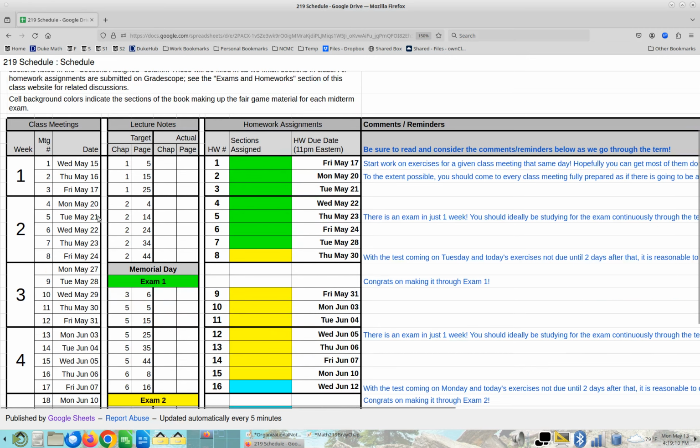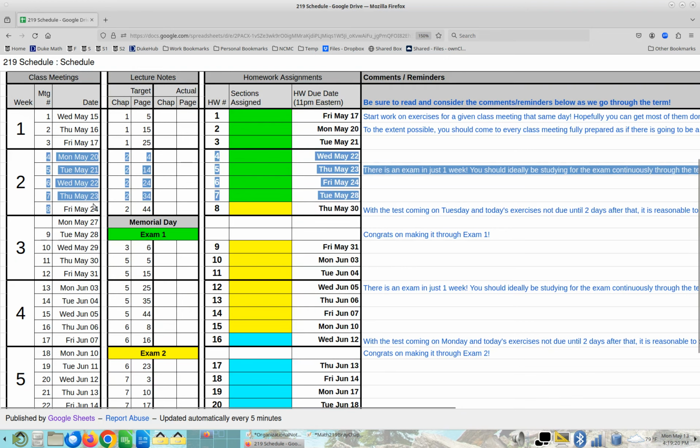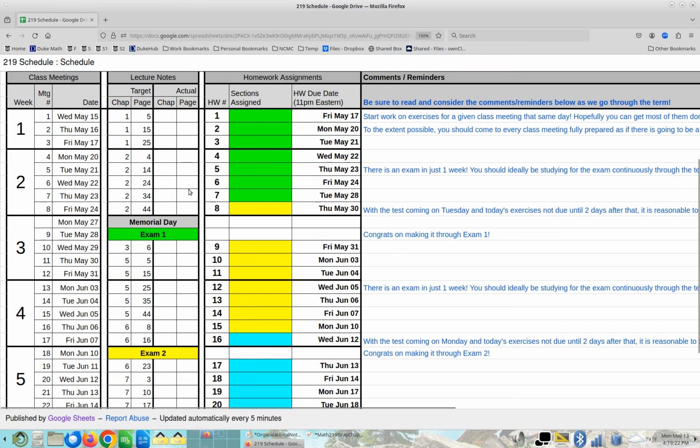But here's the broad strokes again of how this is organized. You see I have it organized roughly by weeks. That's just to kind of help us keep track of where we are. So in a given week, for example, this week right here, on our 5th class meeting, which will be Tuesday, May 21st, this is what I'm going to call my target for where we will be in the course.